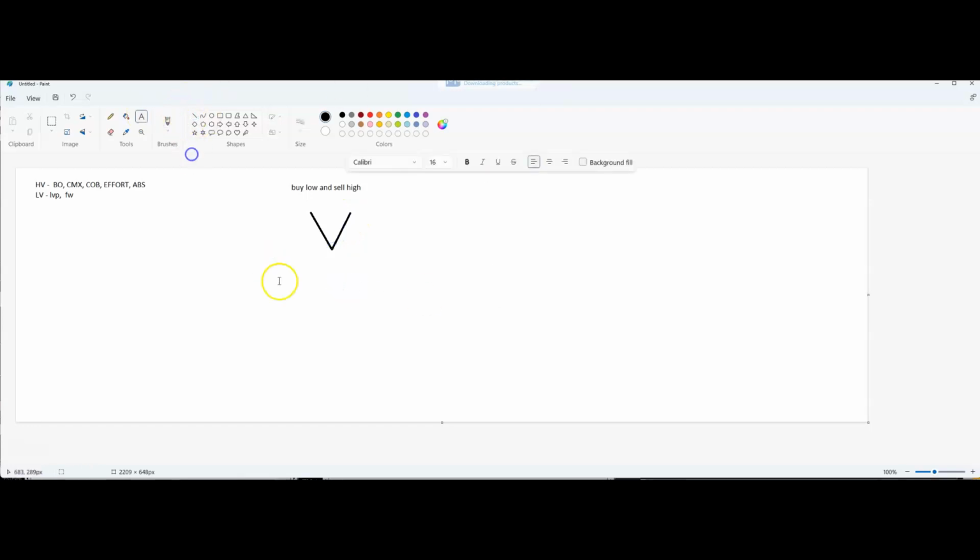What you will note is that this turning point can be a trend, meaning this leg here can be a trend, and something like that.